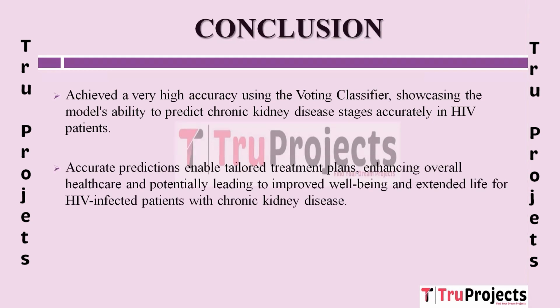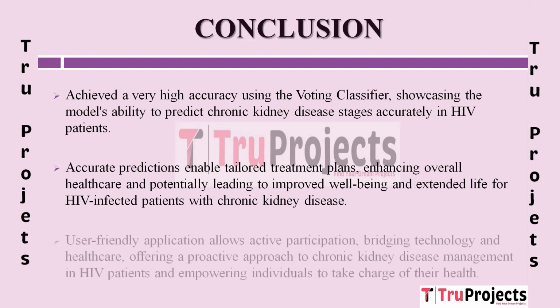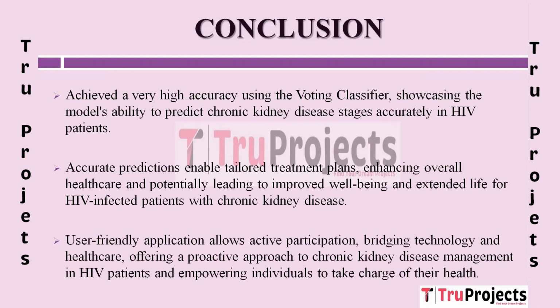Accurate predictions by the model form the basis for personalized treatment plans, ensuring specific care for HIV-infected patients with chronic kidney disease. The user-friendly application encourages active involvement, allowing individuals to input their data and receive predictions about their chronic kidney disease stage, promoting proactive healthcare management.